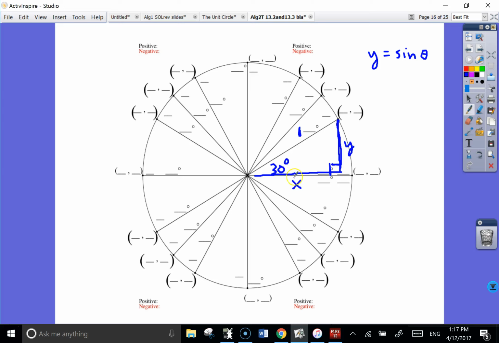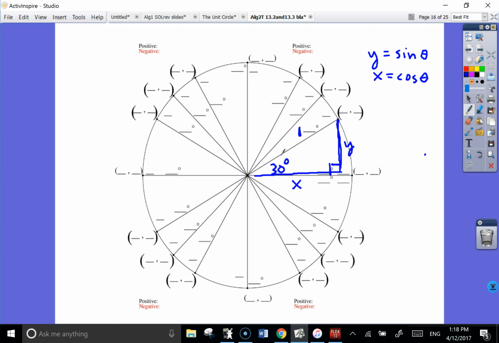If I wanted to find the cosine of 30 degrees, I would get the adjacent, x divided by 1, so x equals the cosine of theta. What if I wanted to find the tangent of that 30-degree angle? What would it be?